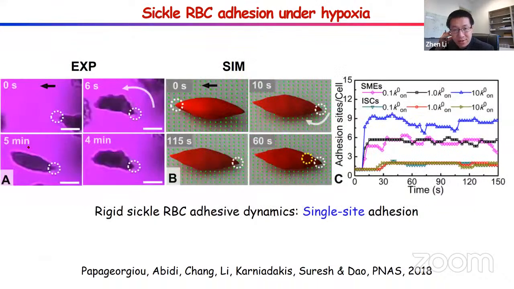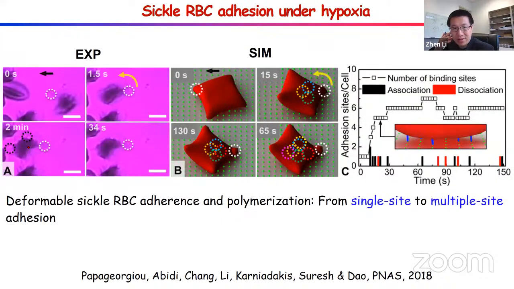And if you have soft cells, for example, the healthy one is pretty soft and deformable, you have multiple site adhesion. So this means that the healthy or soft cells have larger adhesion force attached to the vessel wall.